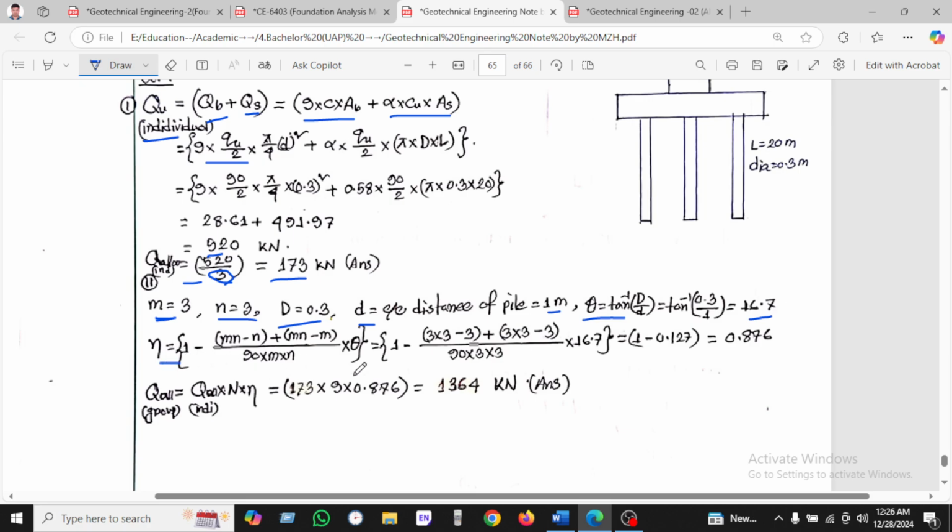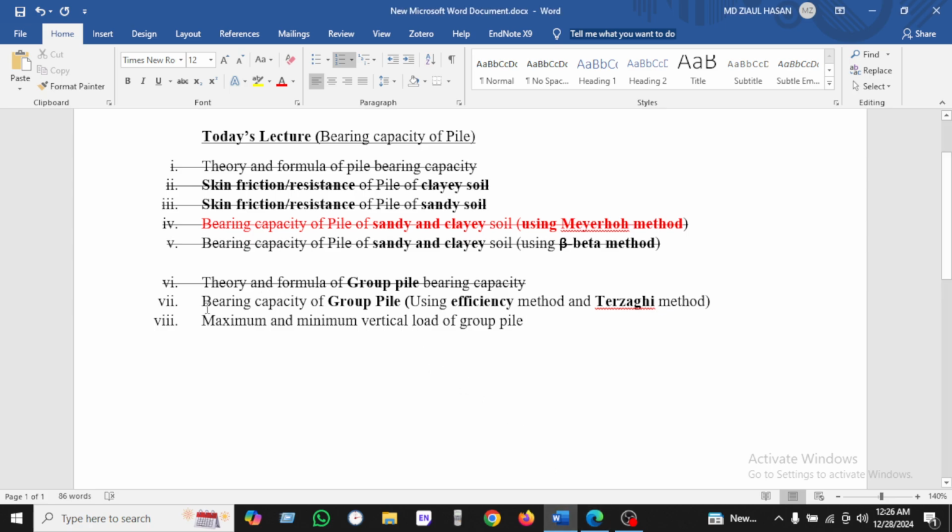Putting all these values, the efficiency factor is 0.087, which is always less than 1, and the individual group pile capacity after filling in all the formula is 136 kilonewton. Okay, so we can complete this formula using Terzaghi and the efficiency factor.